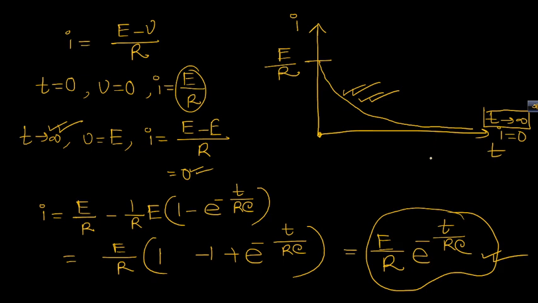So theoretically the current will be 0 at t equal to infinity. But what happens practically? Practically the current becomes 0 not at infinite time, rather we observe that in a very small time the current becomes almost 0. Let's talk about what we do in a practical situation.